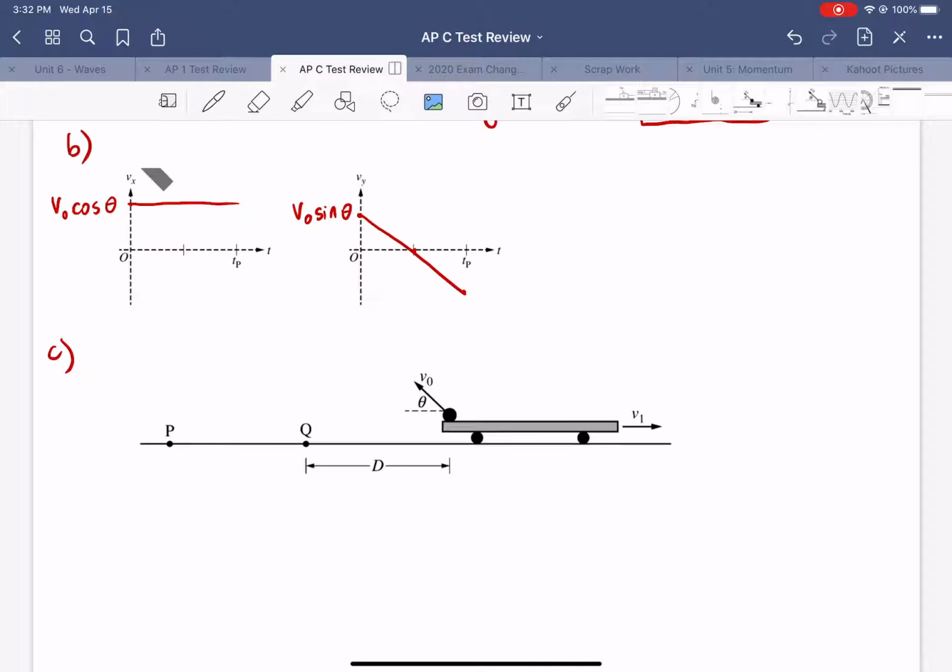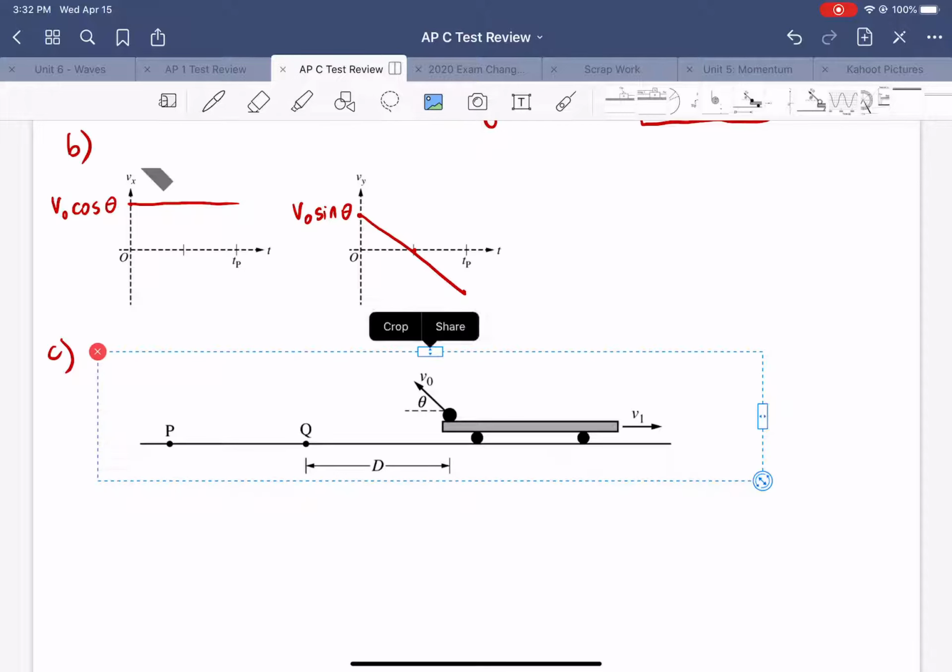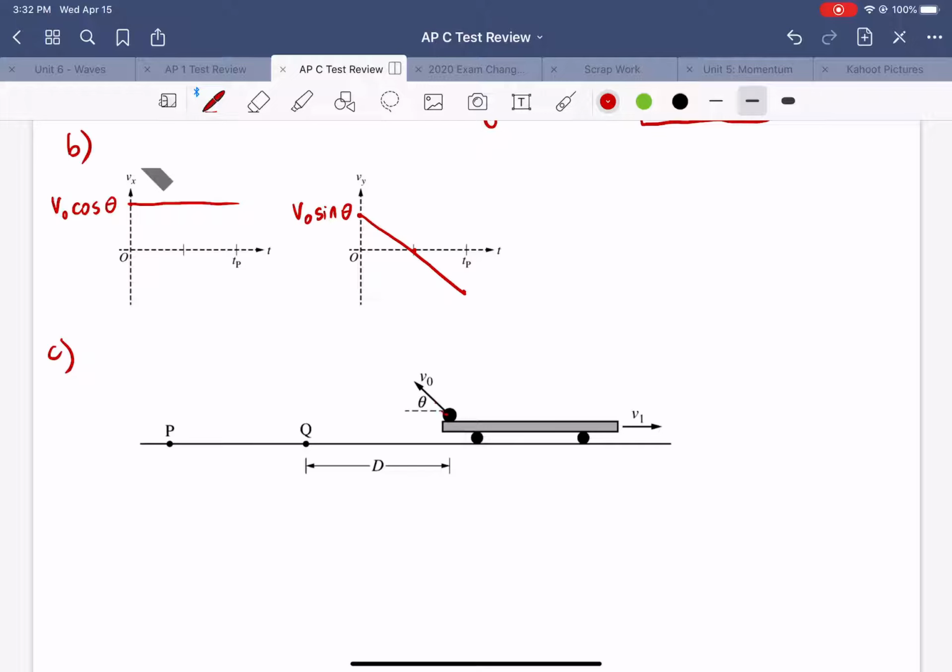So when this projectile is launched, now instead of landing at point P, it is going to end up falling short and land over here at point Q. Okay, so our first question for this new scenario is to give a physical reason why the projectile lands at point Q instead of point P or somewhere else.